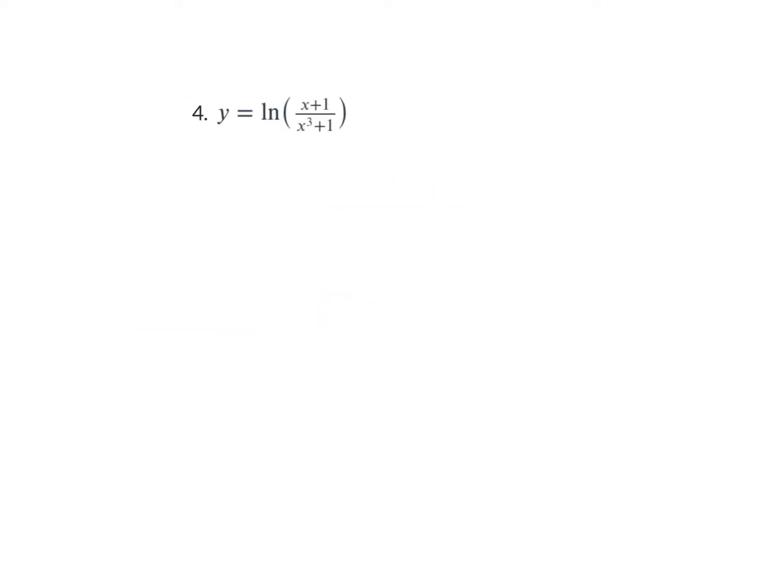All right, so we're on to problem number 4, and there are actually 2 approaches to problem number 4. And so I'm going to show you one approach first, and then I'm going to use laws of logarithms to show you a different approach. So the first approach is, notice that we have the natural log, or ln, of a quantity here. And remember, if we want to take the derivative of that, we just simply take 1 over that quantity times the derivative of that quantity.